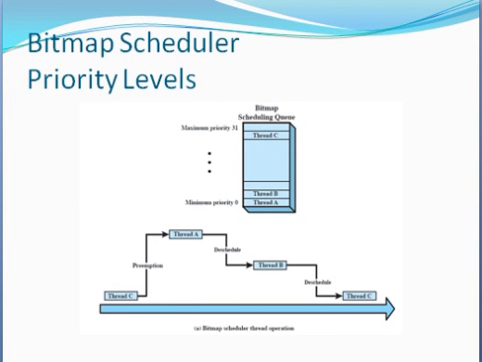This is the bitmap scheduler priority levels. A bitmap scheduler supports multiple priority levels, but only one thread can exist at each priority level at any given point of time. Scheduling decisions are quite simple with this scheduler. When a blocked thread becomes ready to run, it may preempt a thread of lower priority.